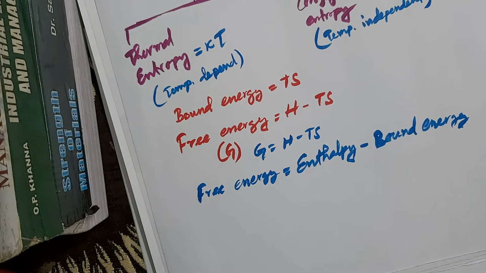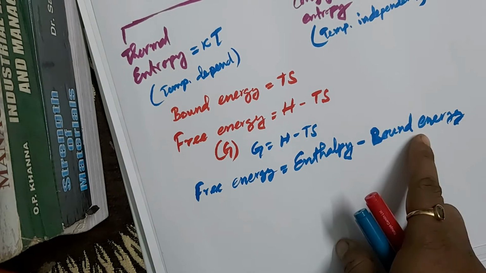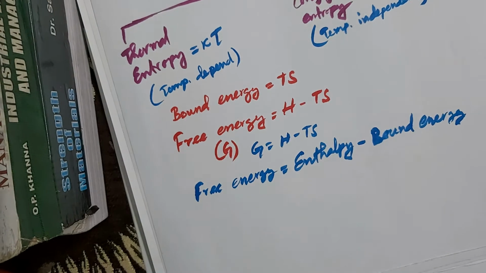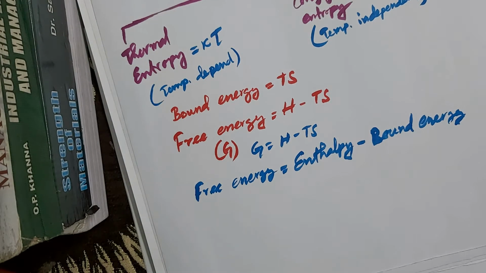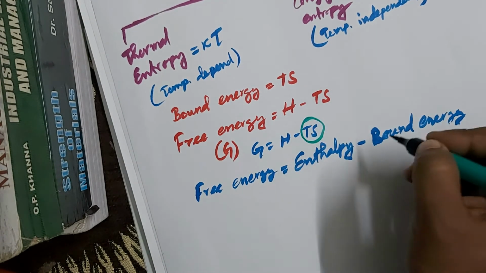So we have three different types of free energy. So now we will talk about different types of free energies available. We also know that bound energy is also known as entropy factor. This is bound energy, or this one.